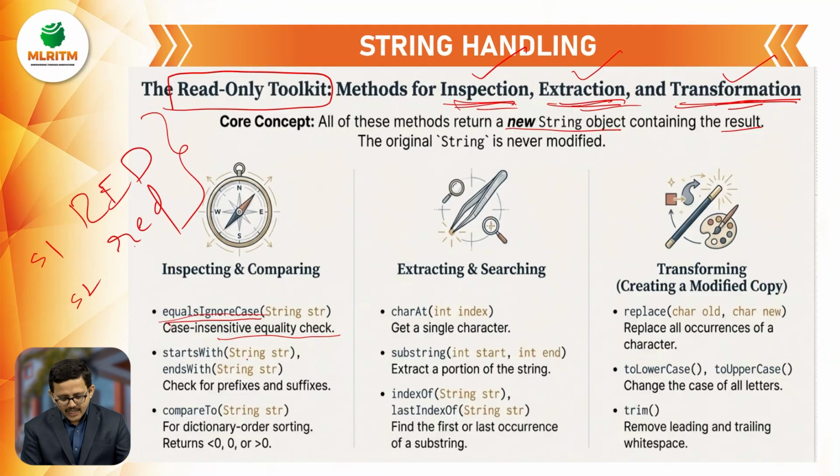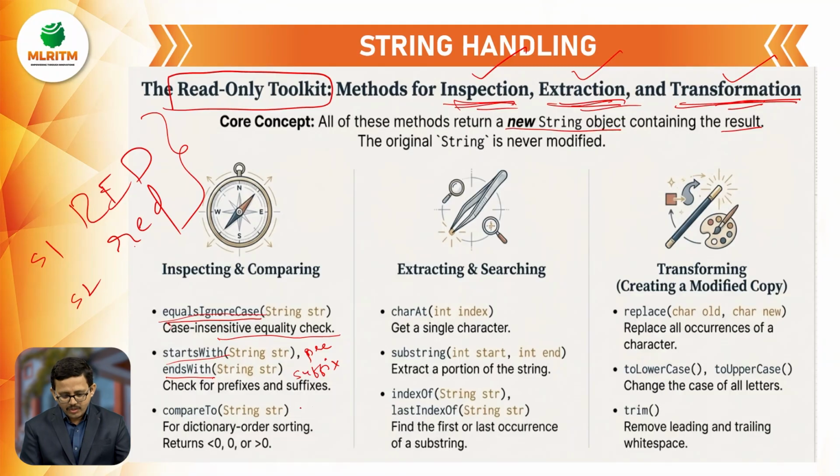Next, startsWith and endsWith. We can check for the prefixes and suffixes of a given string. Let us say we have some 200 to 300 characters in the given string. If we want to check the prefixes and suffixes, we can use these methods, startsWith and endsWith. Obviously startsWith is called prefix and endsWith is called suffix. I think you are familiar with the basic English nomenclature, right?